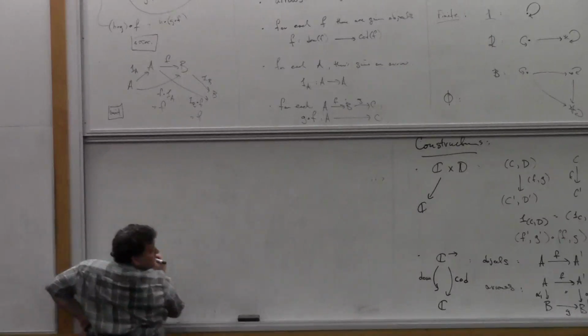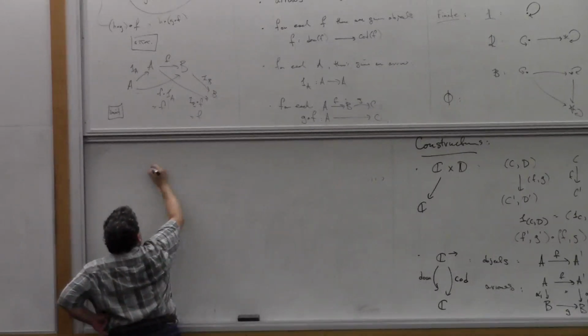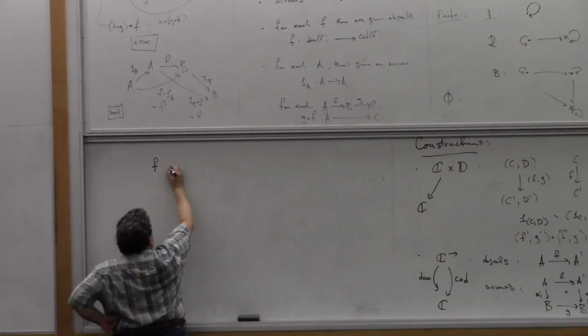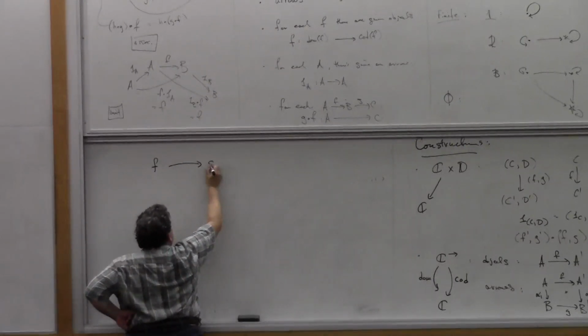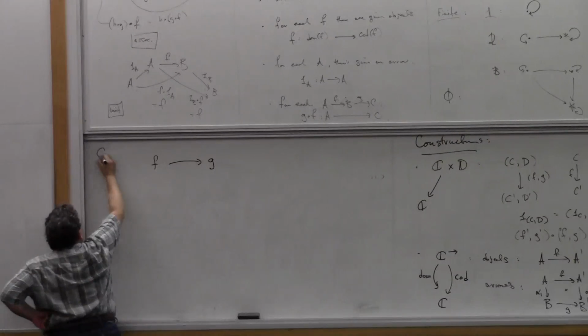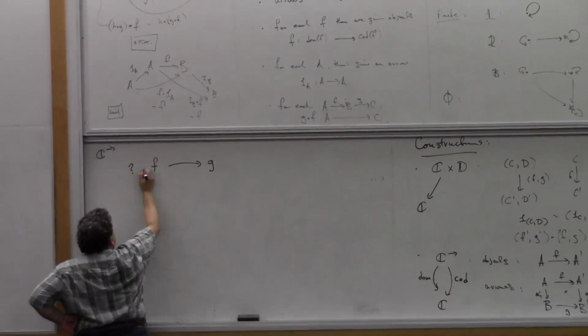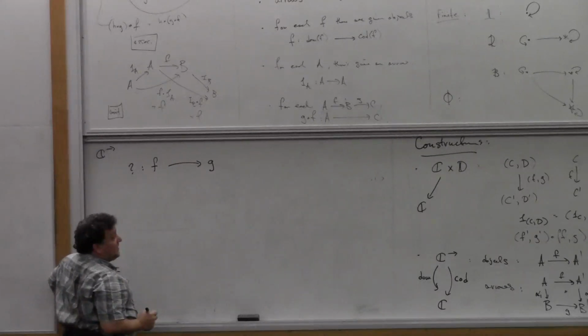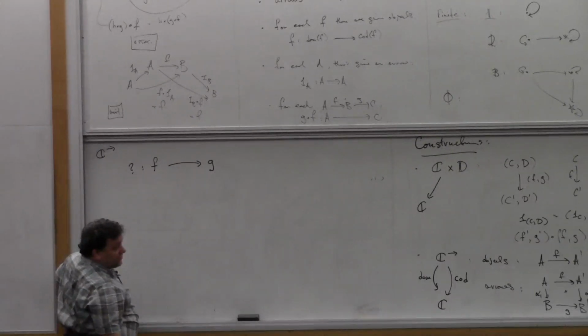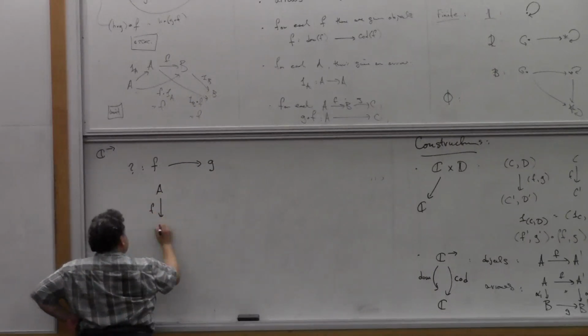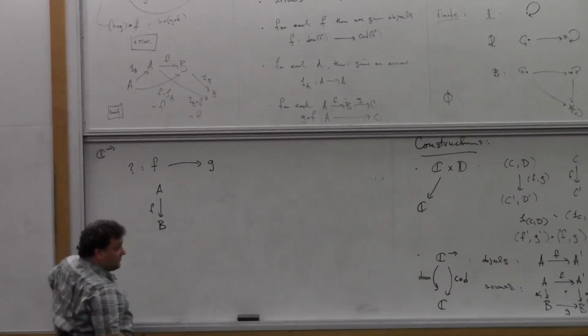So here's F, right? Let me write it like this. And then I'm saying, what is an arrow from F to G in the arrow category? What is this? And what I'm saying is, just to transpose the picture to get your head working in a different way, because sometimes it's good to think about things in different ways.